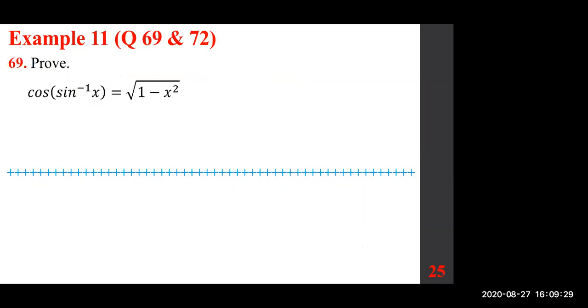All right. We want to show that cosine of sine inverse x is square root of 1 minus x squared. So to do that, we start with this guy. And we say, we don't know what it is. How about, again, something like theta? By definition, sine theta becomes x.